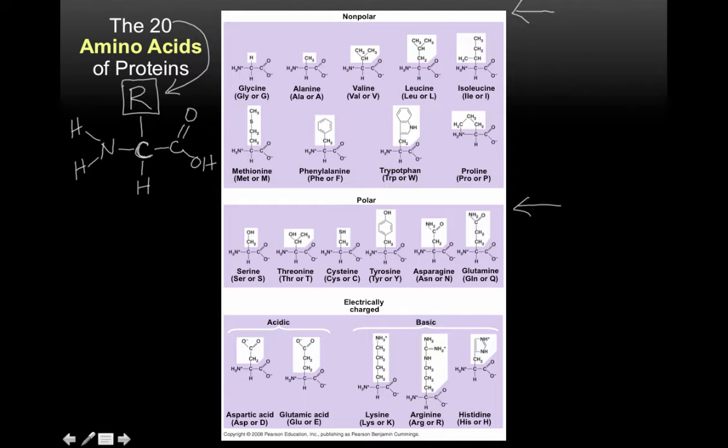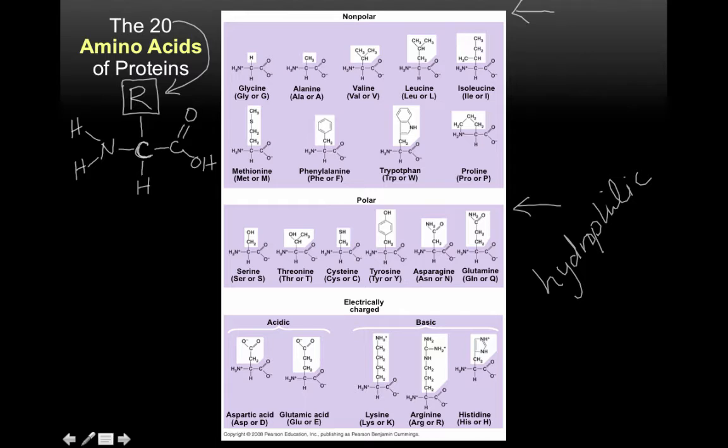So there are partial positive and partial negative ends since the electrons are not shared equally across these R groups. Recall that anything that is polar will interact quite nicely with water, and we can say it is hydrophilic. So amino acids with polar R groups have hydrophilic R groups.